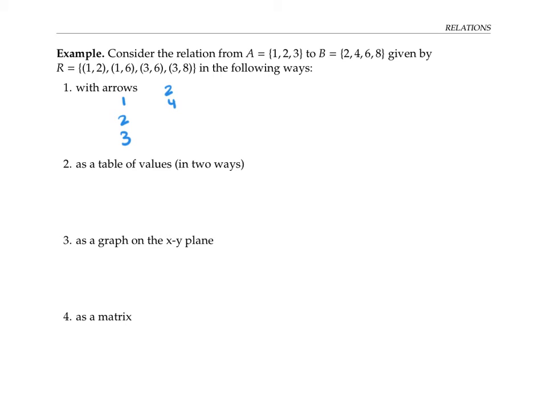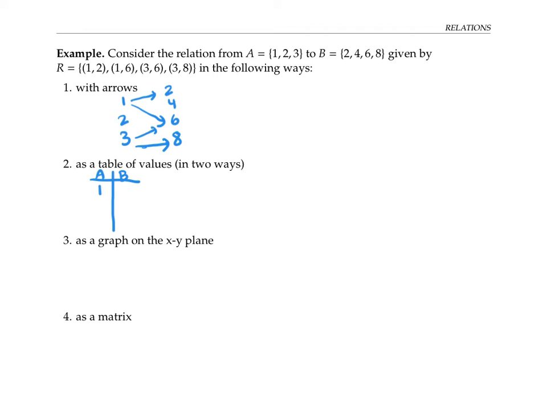We just write the elements of A and the elements of B, and then I'm going to put arrows between them when one of the numbers on the left is related to one of the numbers on the right. So 1 is related to 2, 1 is related to 6, 3 is related to 6, and 3 is related to 8.